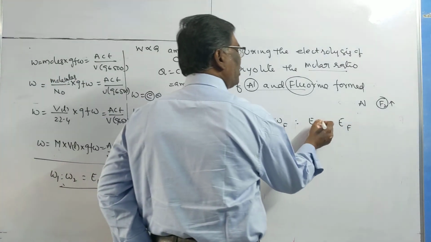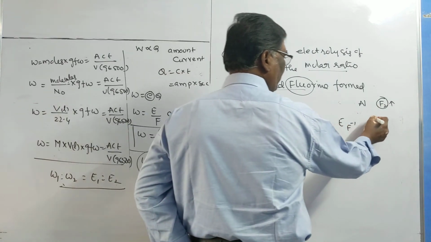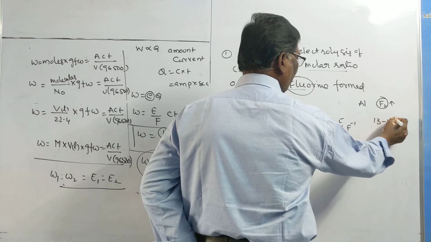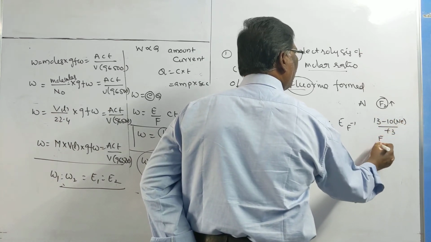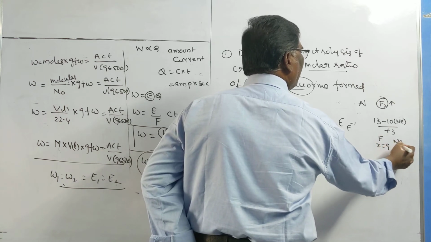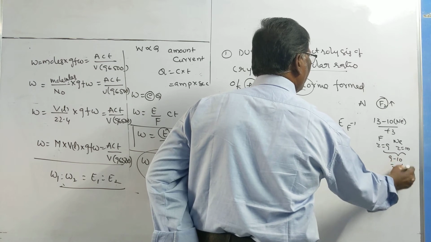You know, aluminum charge is +3, fluorine charge is -1. Very simple. Aluminum atomic number is 13, nearest inert gas is neon 10, the difference is +3. Fluorine atomic number 9, nearest inert gas is neon 10, the difference is 9 minus 10, means -1.